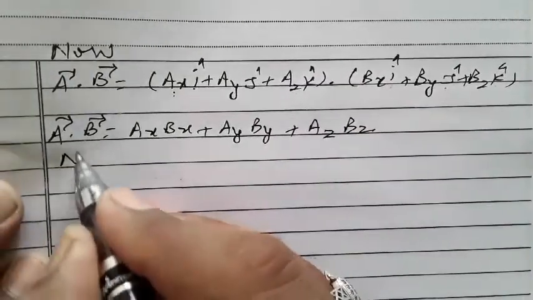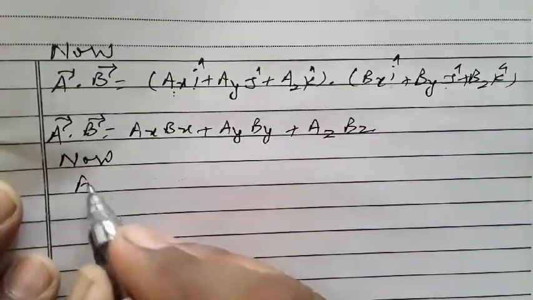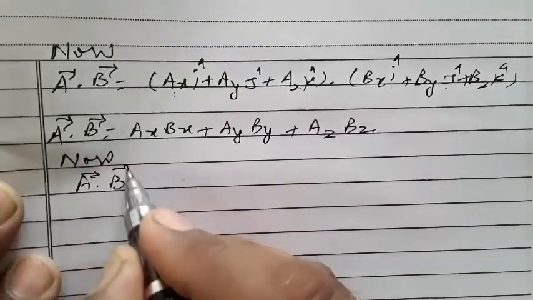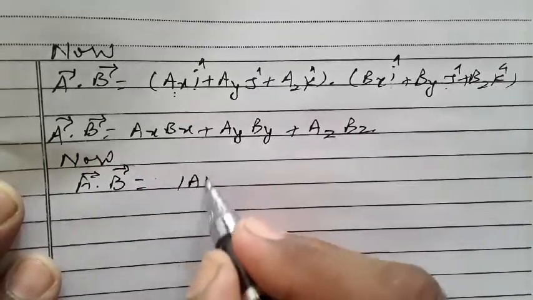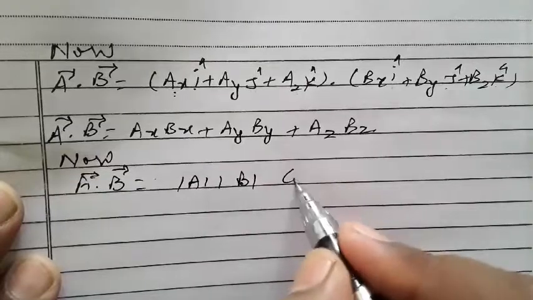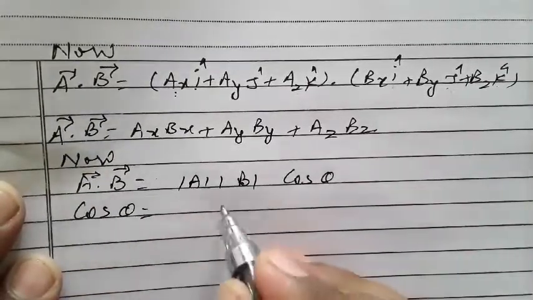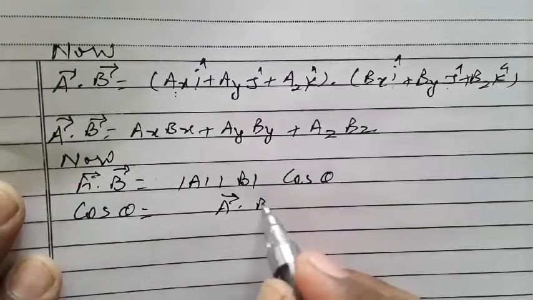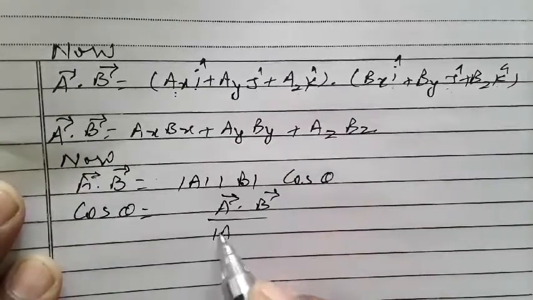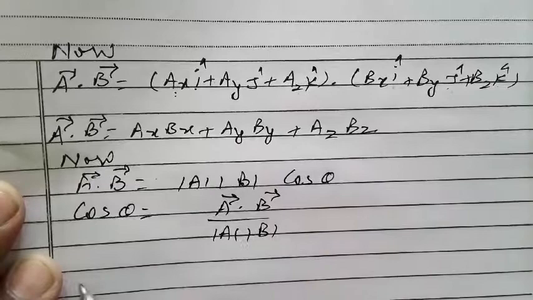Now according to the dot product of two vectors, a vector dot b vector is equal to mod a mod b into cos theta. Cos theta is equal to a vector dot b vector upon mod a into mod b.